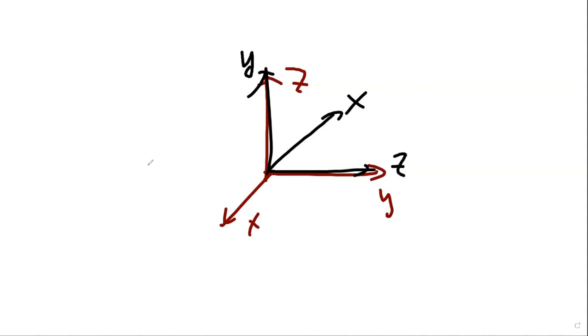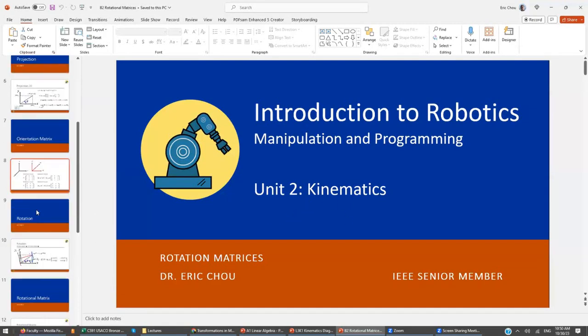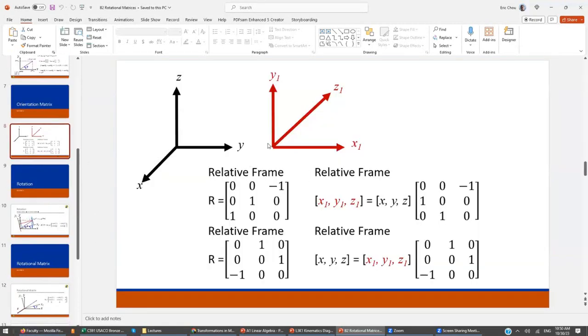And then we do have a matrix theory to deal with the orientation as well. So that's what is shown right here, this orientation part. The rotational matrix is very important. So this one you do have an orientation. Let's look at these two orientations.